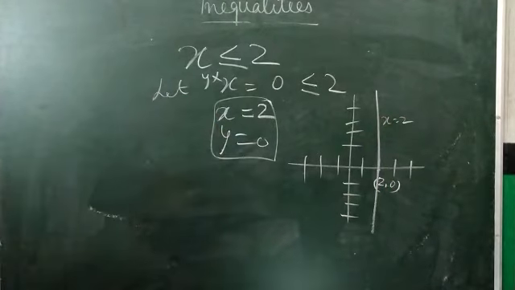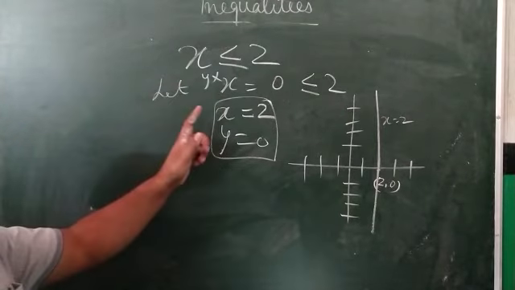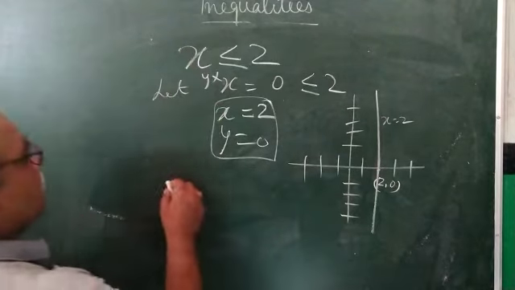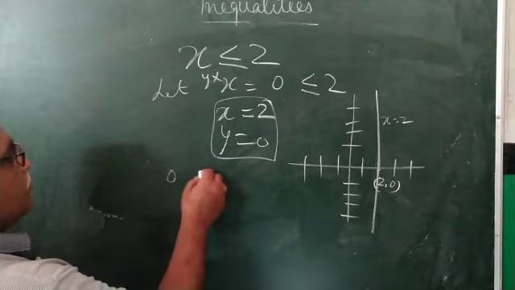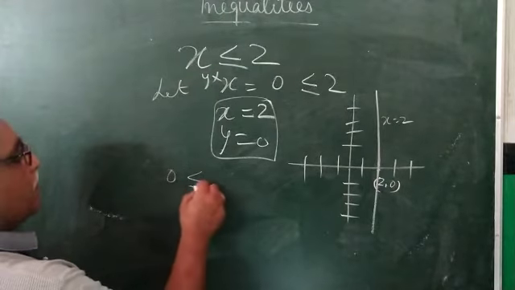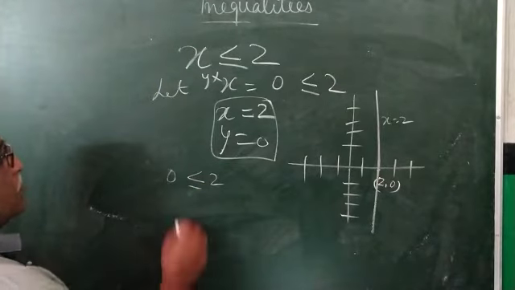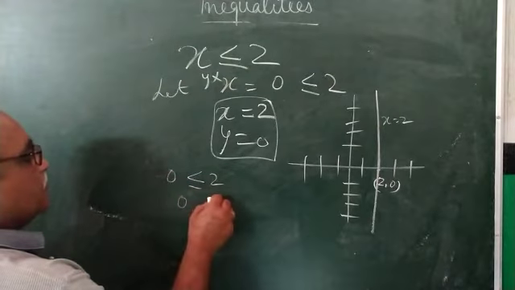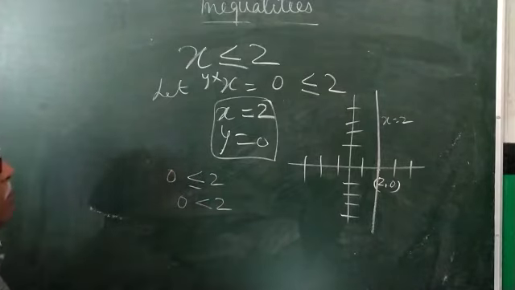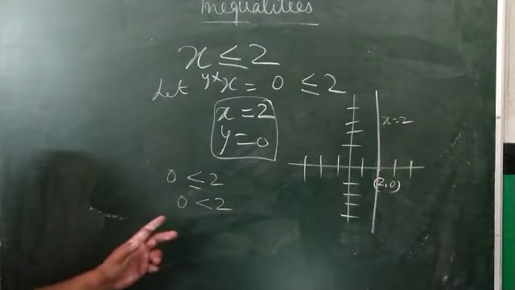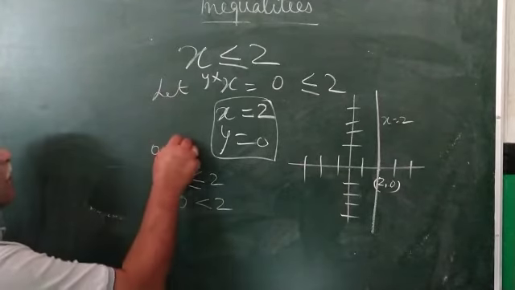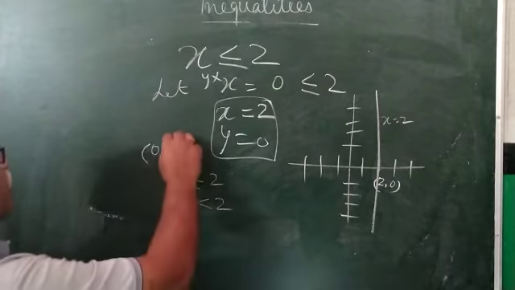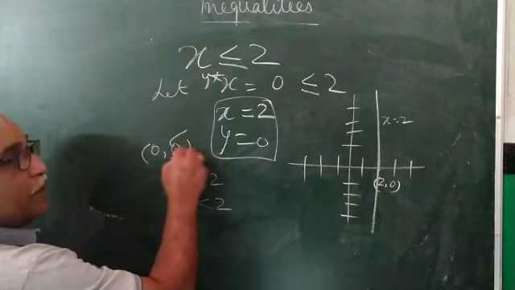Okay. Now we have to check whether it is satisfied by the origin or not. So put x is equal to 0, y is already 0, smaller than or equal to 2. What does this condition prove? That 0 is smaller than 2. 0 is smaller, that means the origin, that is (0, 0), satisfies this, because y is not there, so no need to put y.